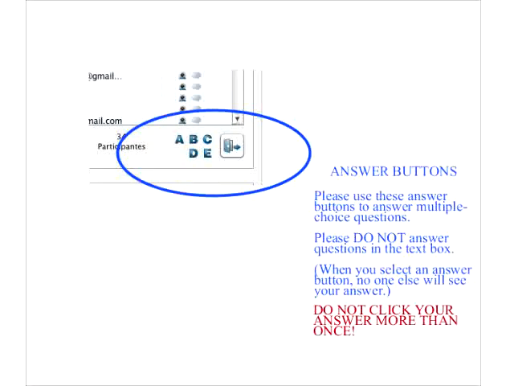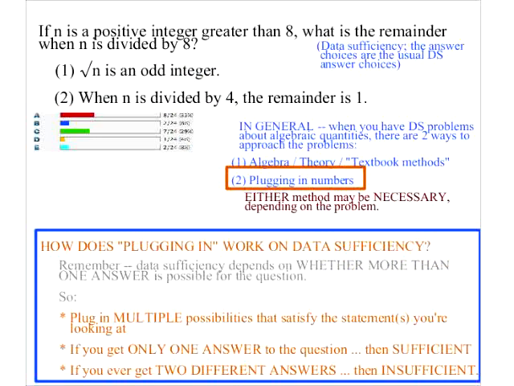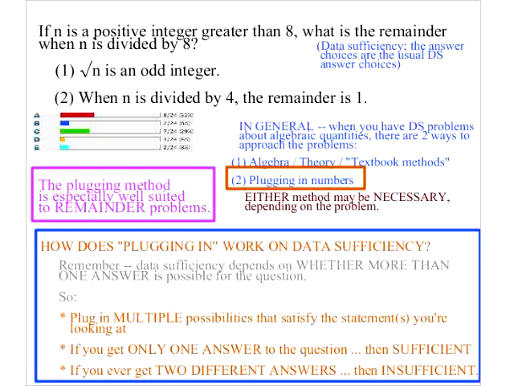So this plugging method, especially for remainders, I mean, we can sneak a peek at some theory for statement 1 here in a second. But the plugging method is especially well suited to remainder problems. Very, very well suited.